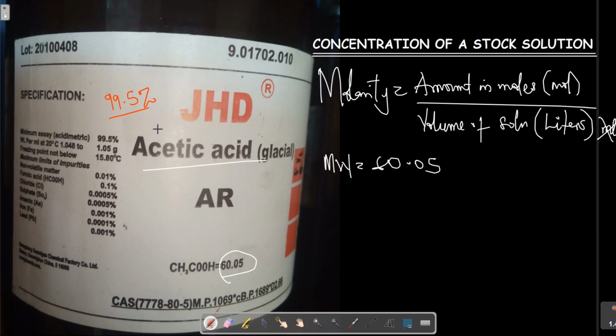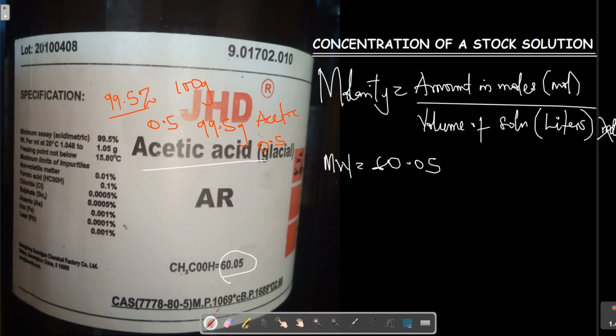Now, what this means is that the solution contains 99.5% of pure acetic acid by weight, meaning 99.5% of the total weight of the solution is acid, while only 0.5% is likely to be water or other impurities. So for every 100 grams of this acid, 99.5 grams of it is acetic acid, while the remaining 0.5 to give you a total of 100 is likely to be water or any other impurities.